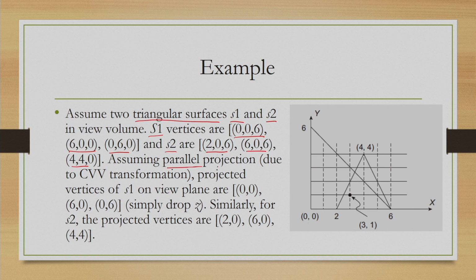As before, we are assuming parallel projection due to canonical view volume transformation, and also we can derive the projection points or the projected vertices of S1 and S2 on the view plane to be denoted by these vertices shown here, which essentially we can obtain by simply dropping the z component. Now, this is the situation shown in this figure.